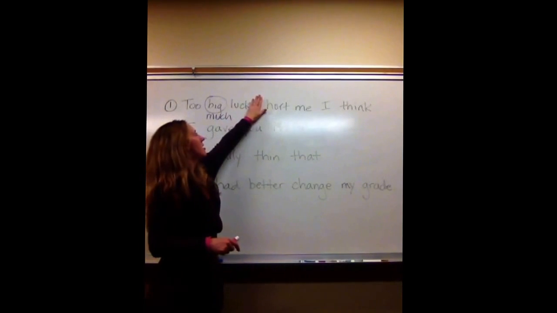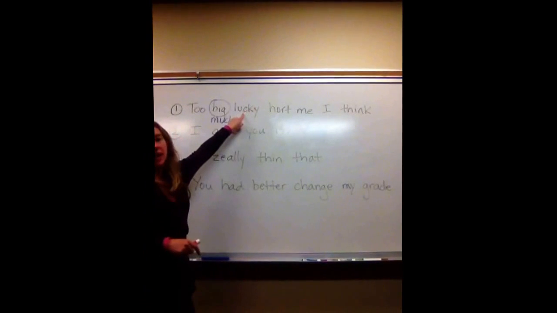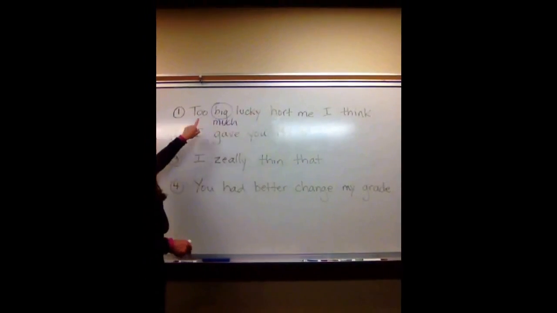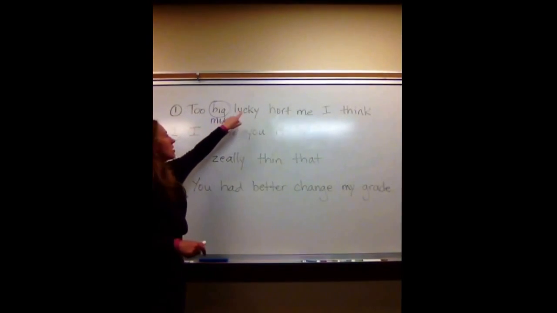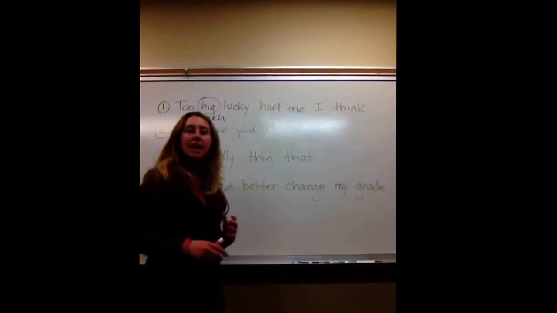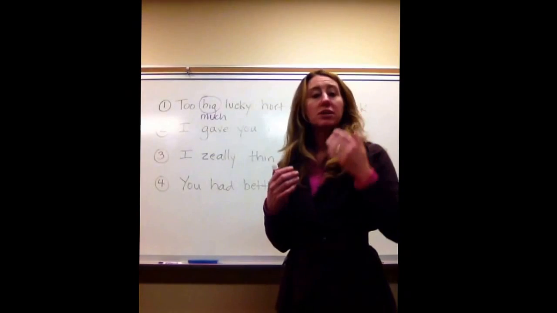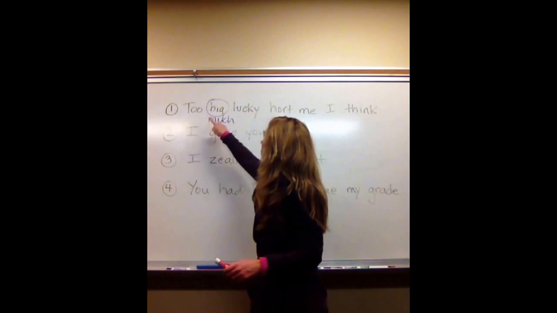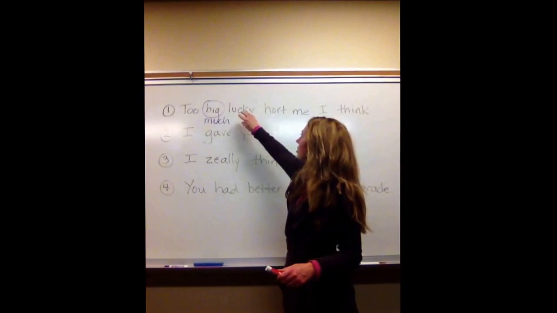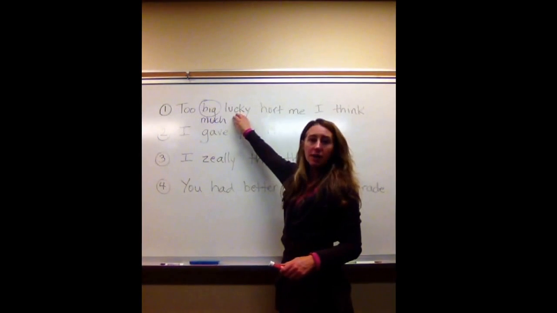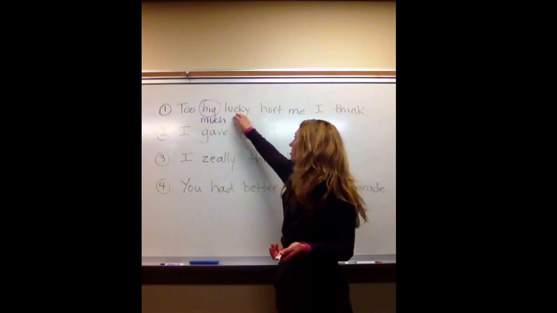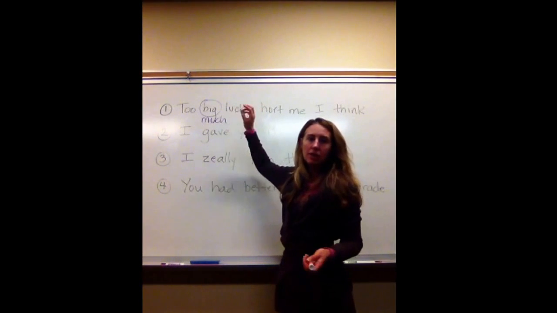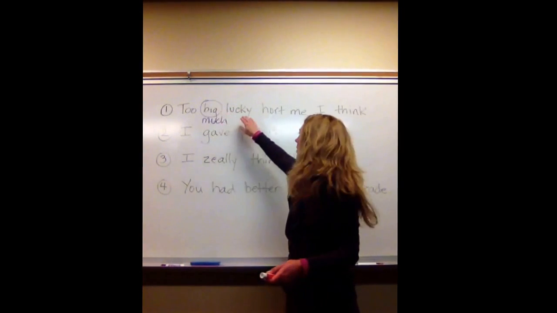If we take the Y off, it becomes a noun, luck. And if I take off that Y and say too much luck, now I am forming a sentence like a native-like speaker would. So when we say too much, it needs to be followed by a noun. Too much success, too much love, too much luck, too much education, that kind of thing.